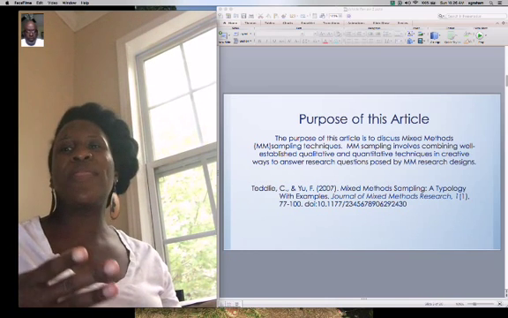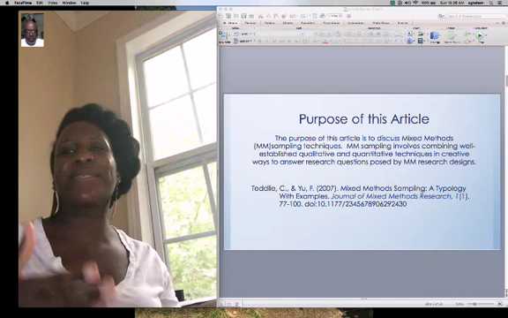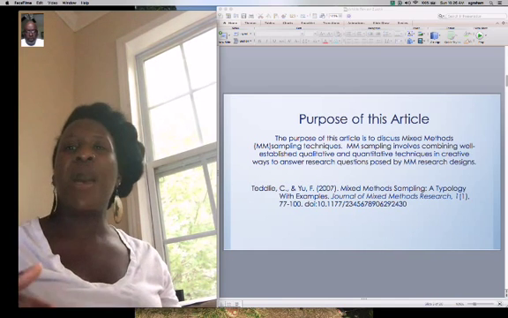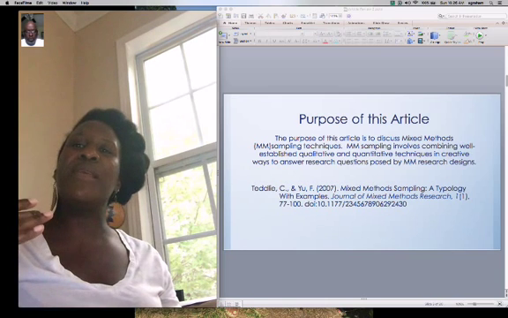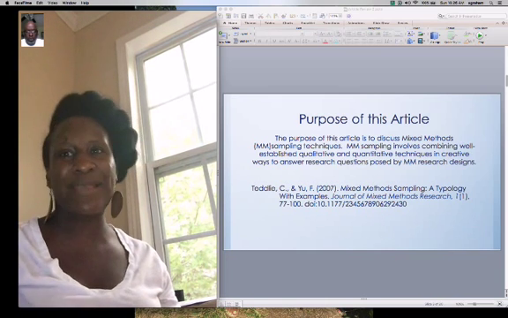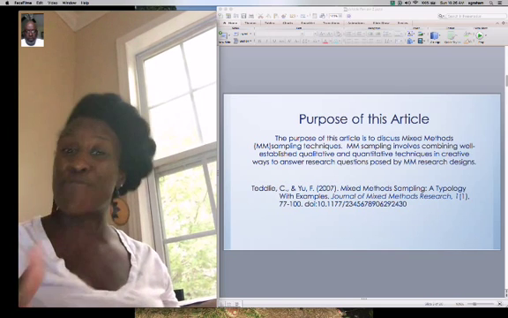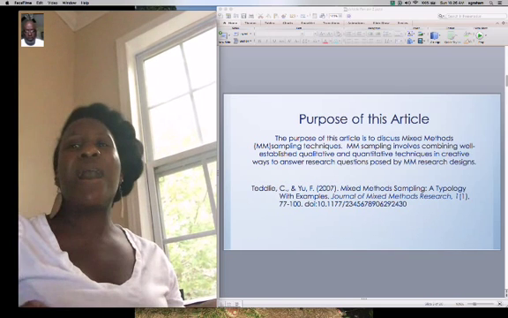It seemed more that they were trying to discuss mixed method sampling and how it's used in the social and behavioral sciences. That's mainly the types of research that they researched, and they talked about how mixed method sampling was used in different types of research.